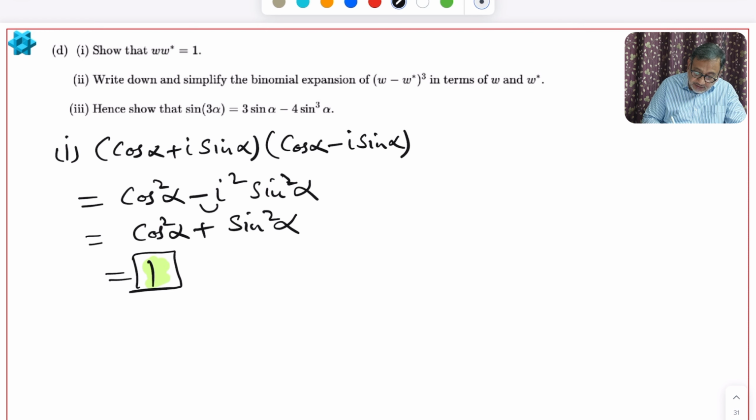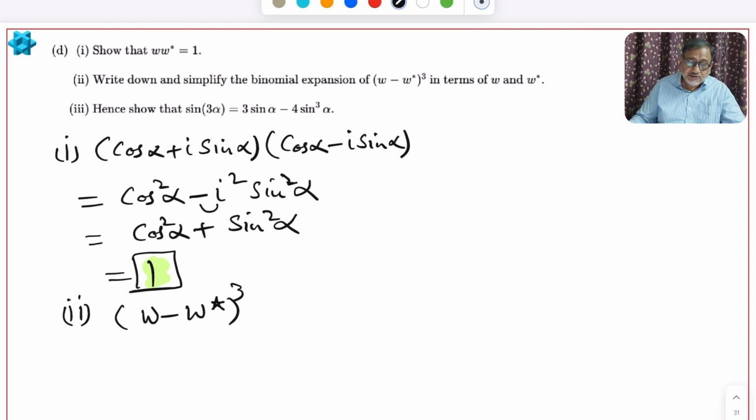Now the second part of it says write down and simplify the binomial expansion of (w minus w conjugate) cubed. We know how to expand this.